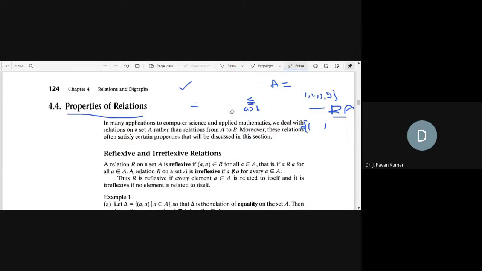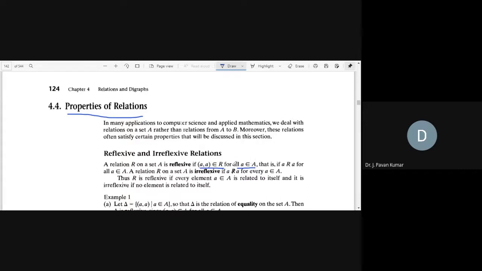Next, let us consider the properties of relations which we have seen in the previous class, like the reflexive relation. A relation is said to be reflexive if the tuple a comma a belongs to the relation for all a belonging to A. Let us consider A equal to 1 2 3 4.